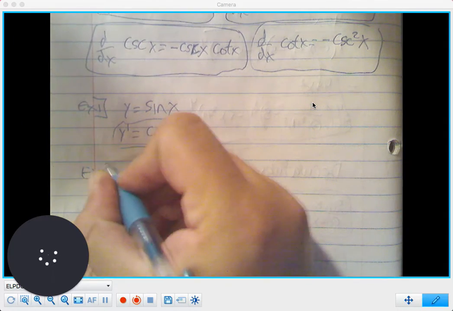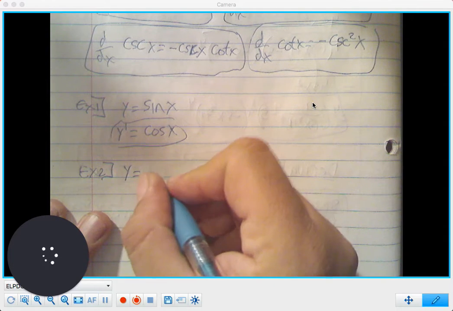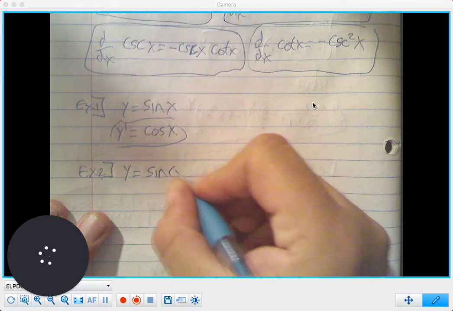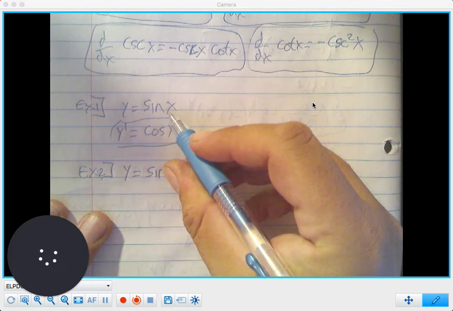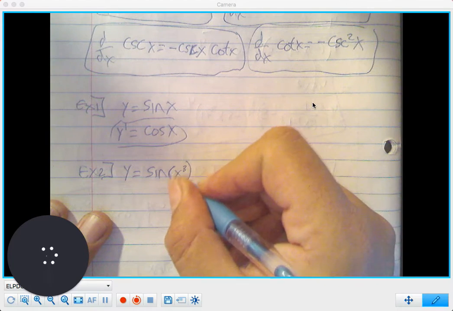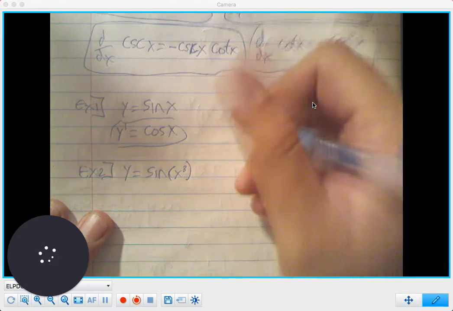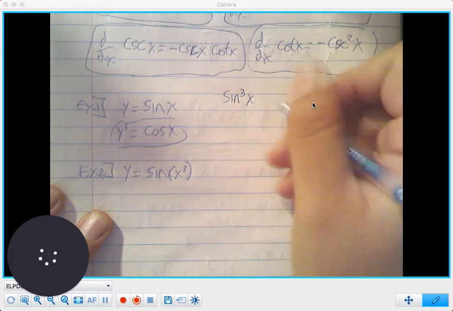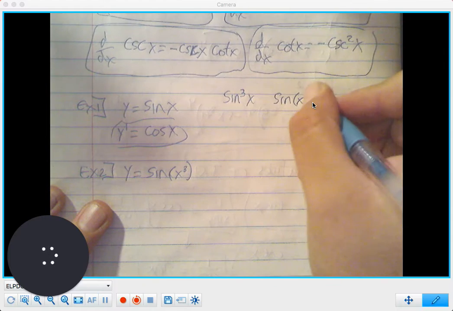Example 2. Imagine I have the derivative of sine of x cubed. On sine x, we don't put the parentheses because it's just the x. On this one, just so we don't get confused, this is sine of x cubed. You need to understand that sine cubed of x is different from sine of x cubed.